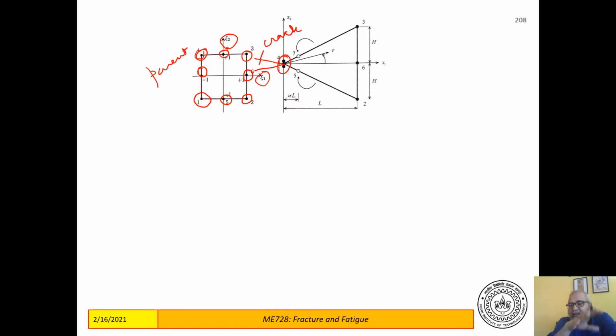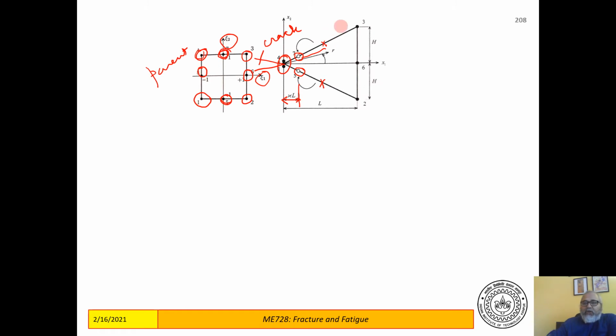So this is the element called a collapsed quarter point element that I'm going to use, and taking my chi from the 1D case, I would move nodes 7 and 5, which should ordinarily be at the mid side, to a position defined by chi times L, where chi is not equal to half.